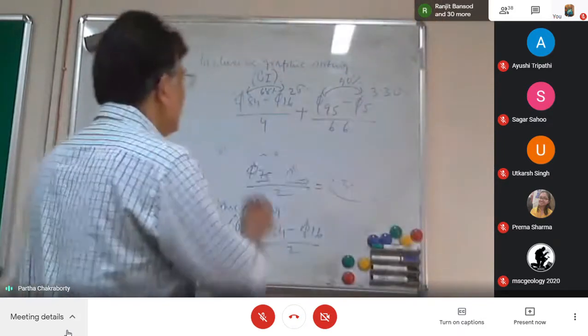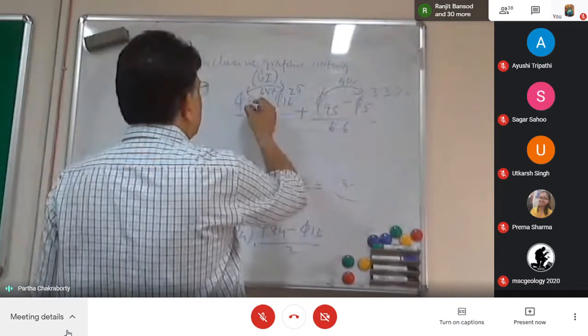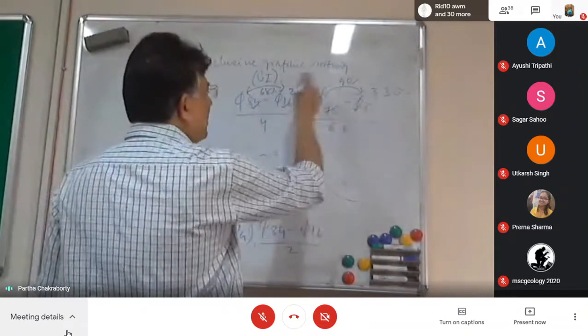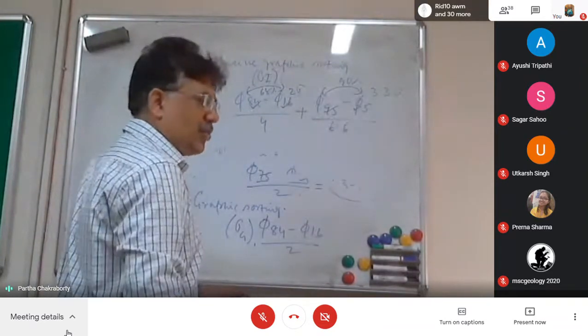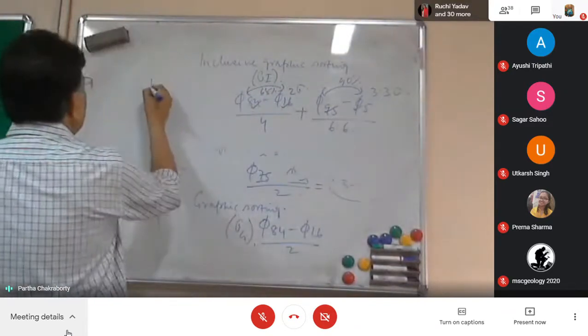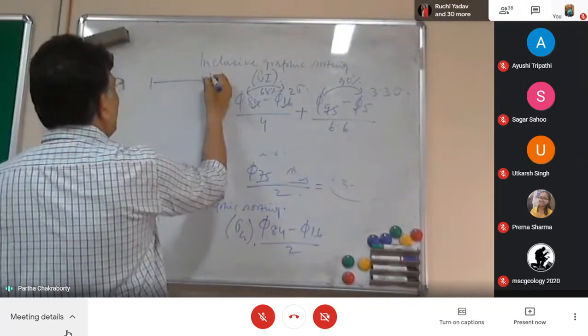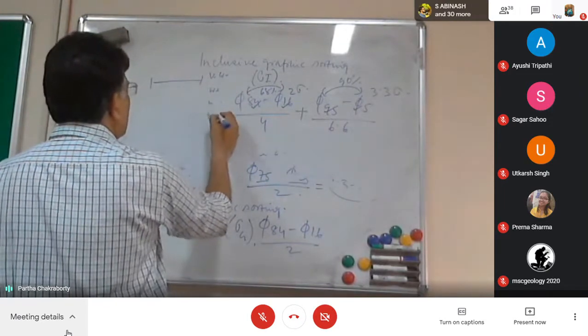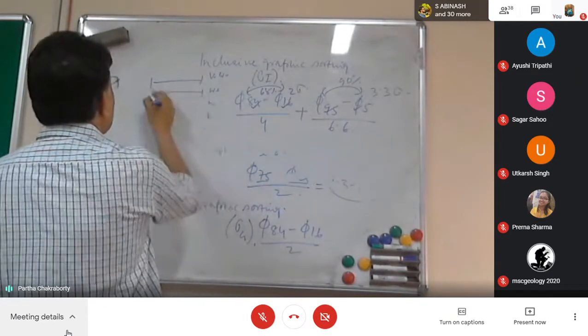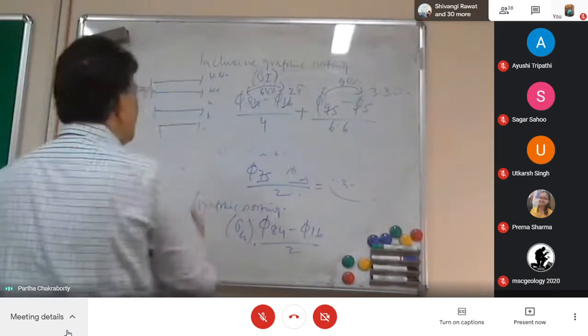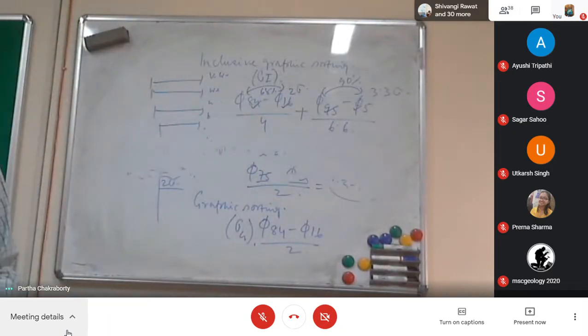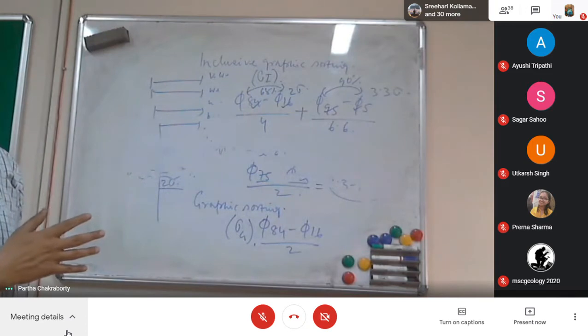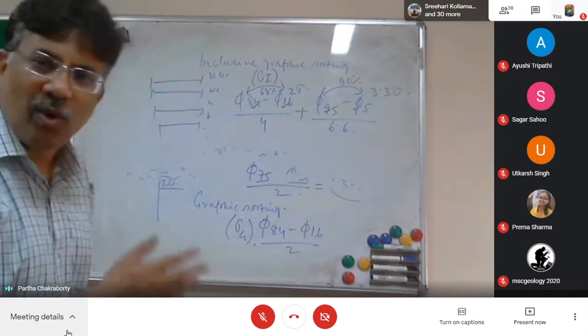When you measure these sizes and put them in this equation, there are certain subdivisions: very well sorted, moderately sorted, poorly sorted, very poorly sorted. Those values you can get in any book. If the value is less than 1, then you have a well sorted sample.